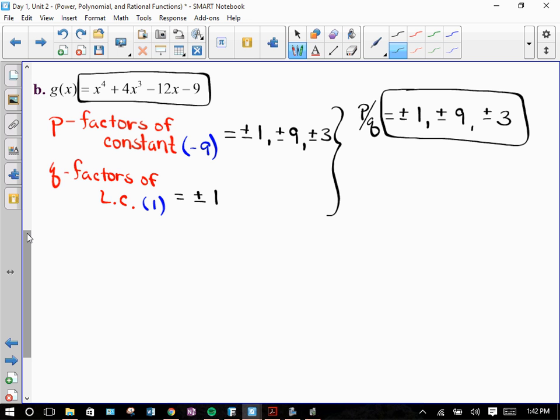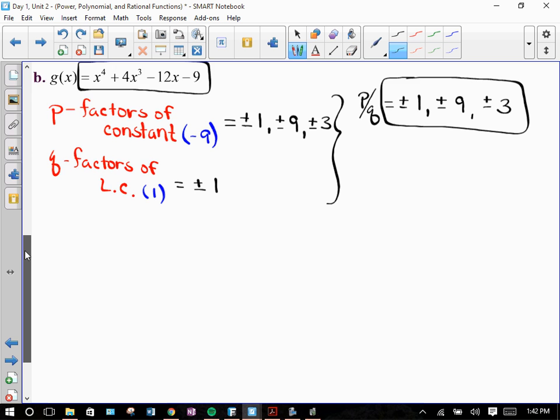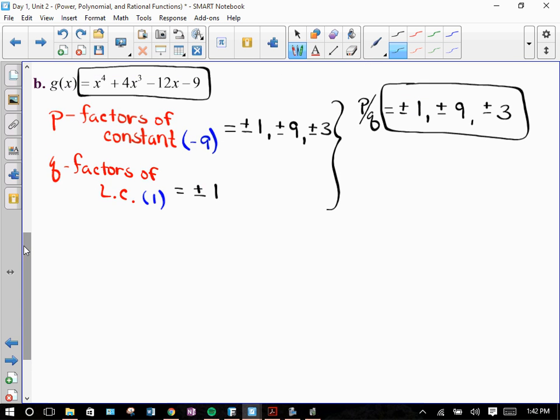So how do we figure out if any of those are zeros? Well, here's the thing. Have you guys heard of synthetic division? Anyone remember what synthetic division is? Synthetic division is sort of like a shorthand notation of how to divide a polynomial by a binomial. So, what does that mean?